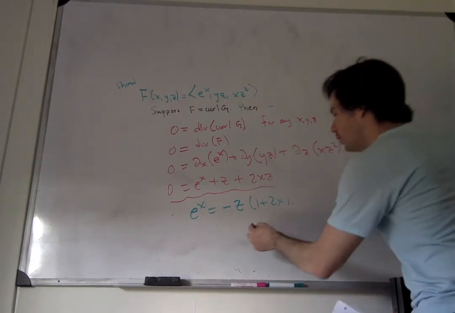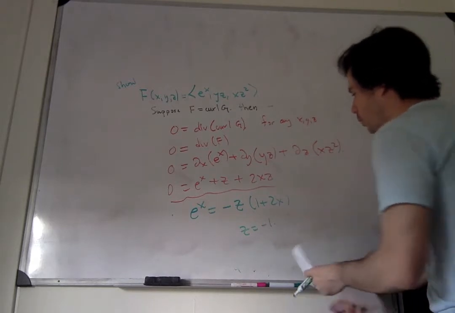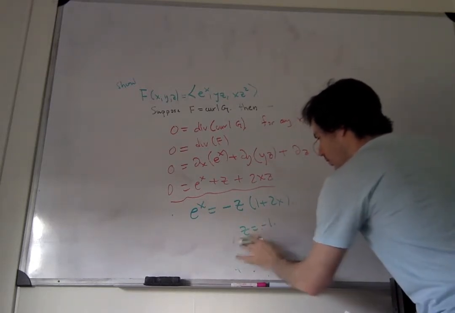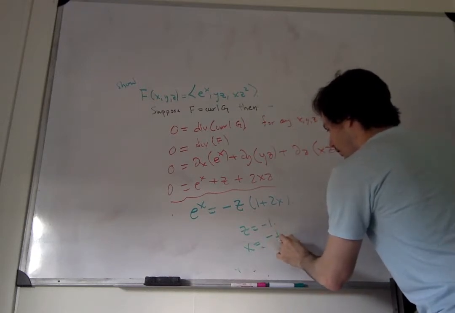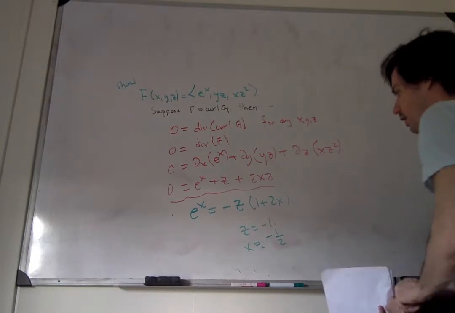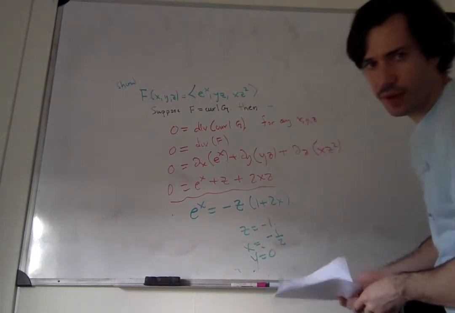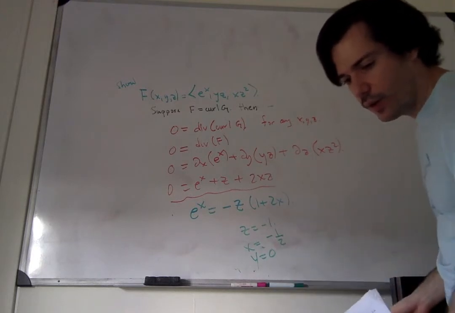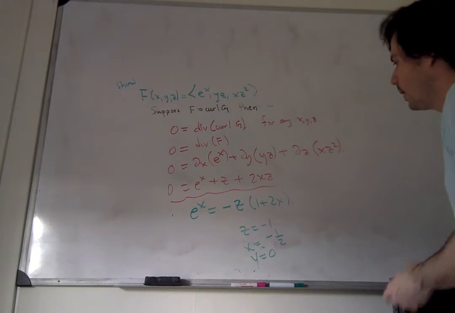Okay, so we'll let z equal -1, and we'll let x equal -1/2. Okay, so if x equals -1/2, y equals 0 and z equals -1, then we have that the right-hand side is equal to 0.